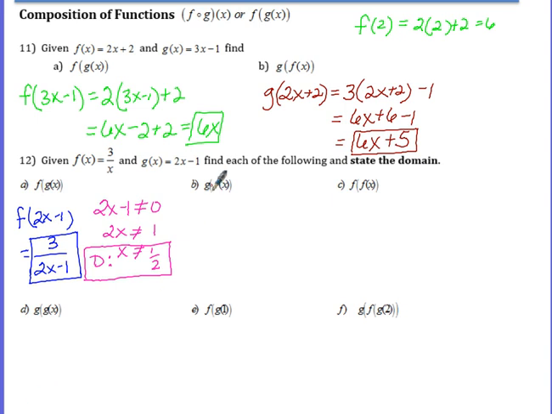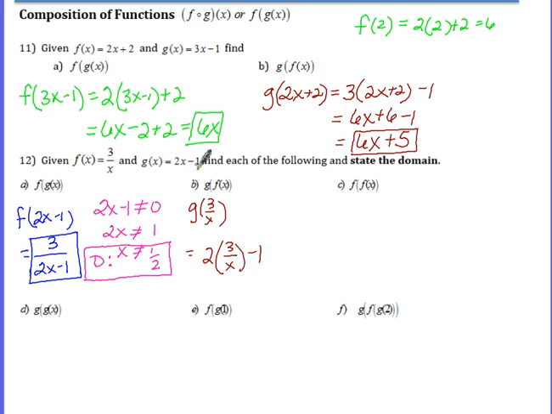Now let's go in reverse. Let's take g of f of x. Remember to take the entire f of x function, which is 3 over x, and input it into g. So what happens when we do that? Well, when we take 3 over x and replace the inputs of g with that, we get 2 times 3 over x minus 1.